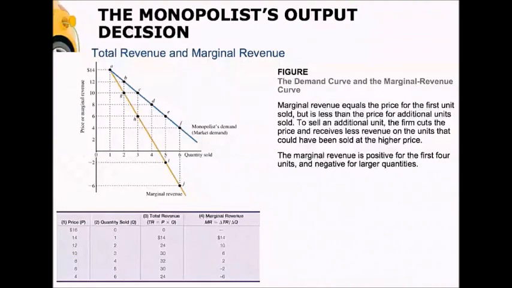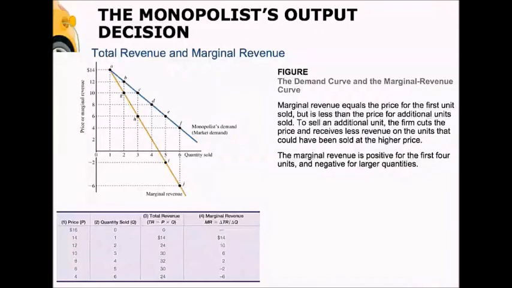For example, suppose you are producing at point C at a price of $10 and producing 3 units. You're getting $10 for each of those 3 units. If you decide to move to point D, you're now producing 4 units, so you're selling 4 instead of 3. But those first 3 that you were selling now sell at $8 instead of $10.